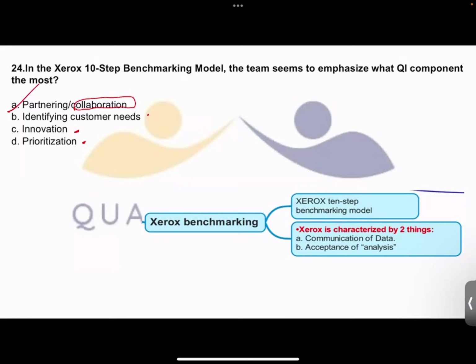The answer here is letter A, because the Xerox 10-step benchmarking model emphasizes partnering and collaboration, as it involves identifying what? Best practices, okay? And working with other organizations or teams.